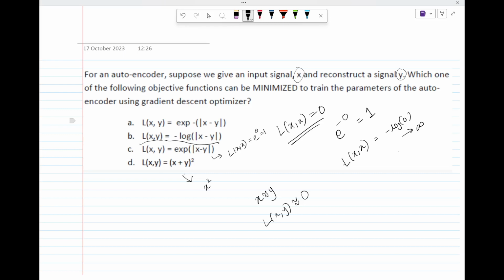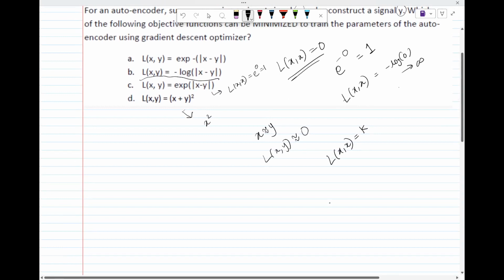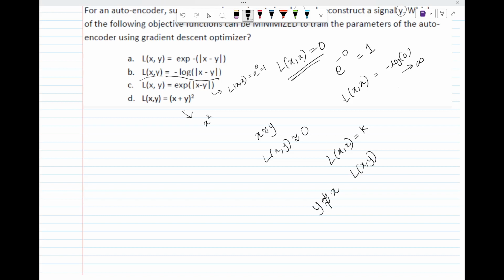but still we may be able to use this if, whatever value you are getting, let's say L(x, x) is equal to some k. If I were to give some y which is not very close to x, then L(x, y) should be greater than k.